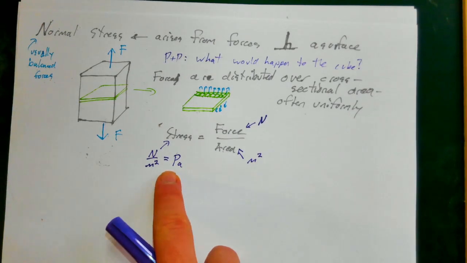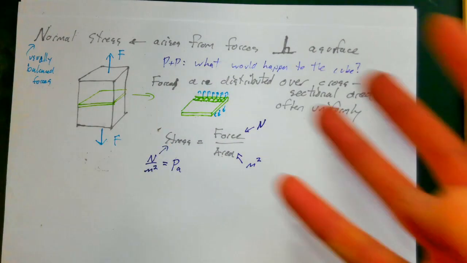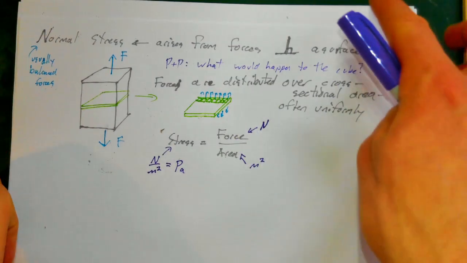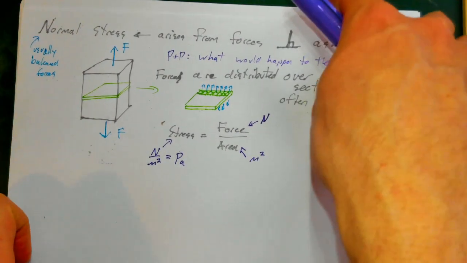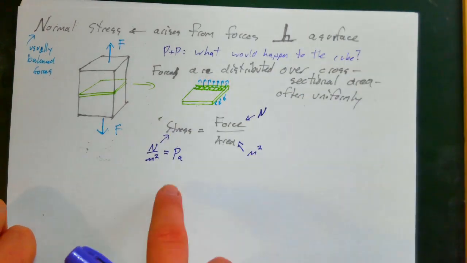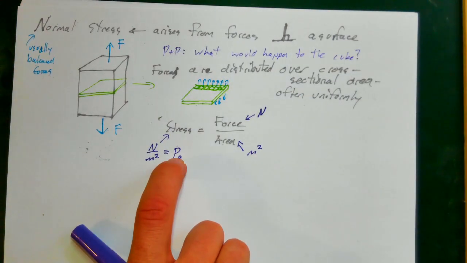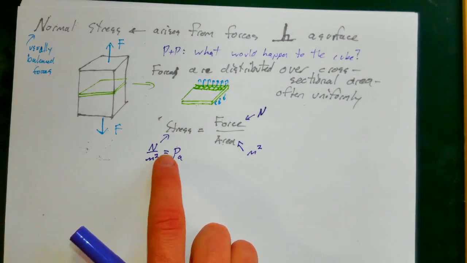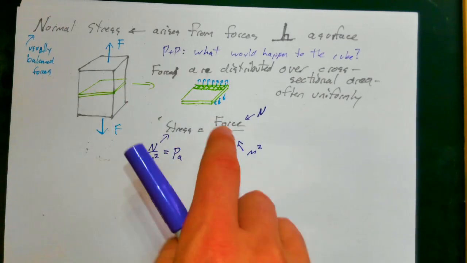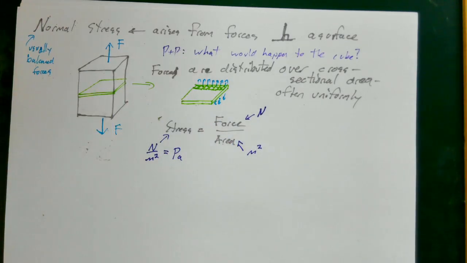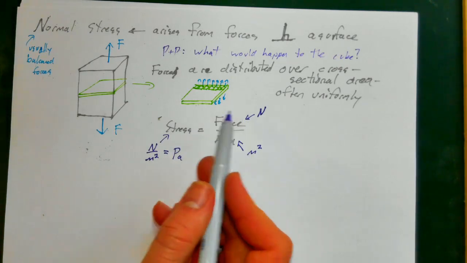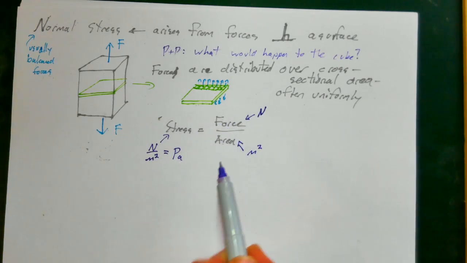A Pascal is pretty small in the grand scheme of things; 1 Pascal isn't very much stress. So oftentimes you might see kilopascals or megapascals or even gigapascals when trying to quantify stresses in your engineering practice. This is the general idea of stress as force per area.